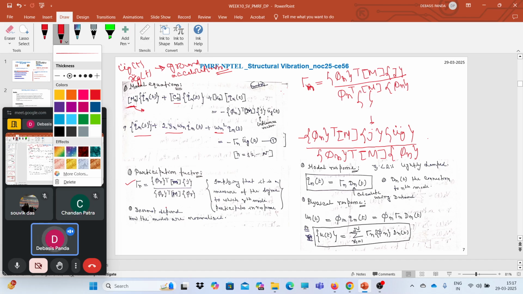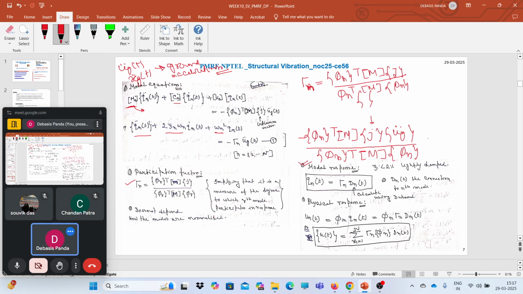Now once we have the knowledge of the participation factor, we can write down the modal response qn of t or zn of t. Either we can write it as the participation factor on that particular mode into dn of t. The dn of t is the response of this particular mode.